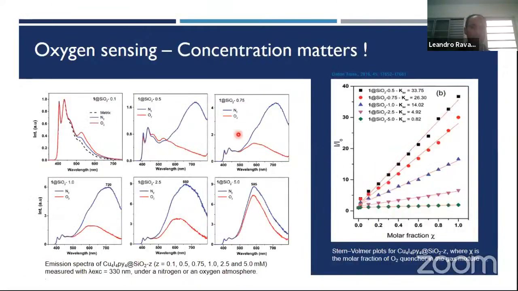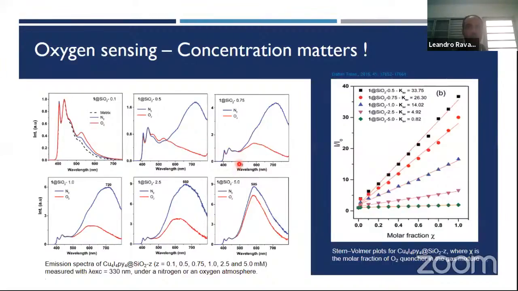Here you can see the emission spectrum for a copper complex inside of mesoporous silica with different concentrations. Here we have 0.5 millimolar, and we increase in this way until 5.0 millimolar.